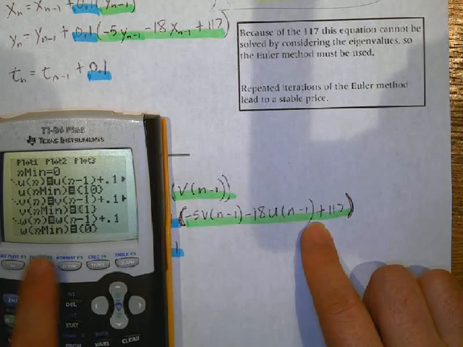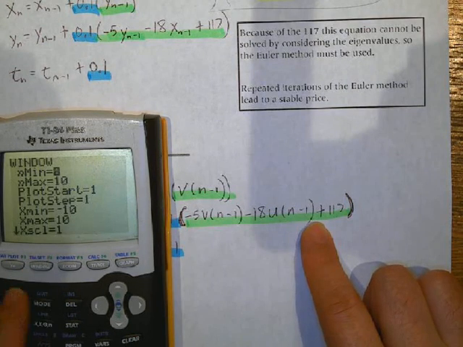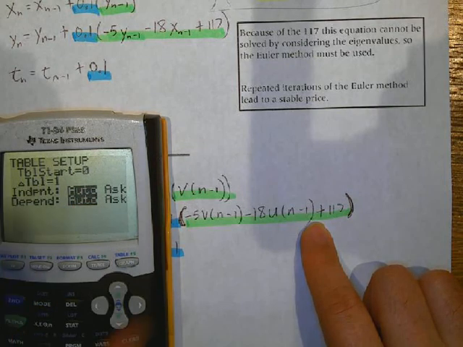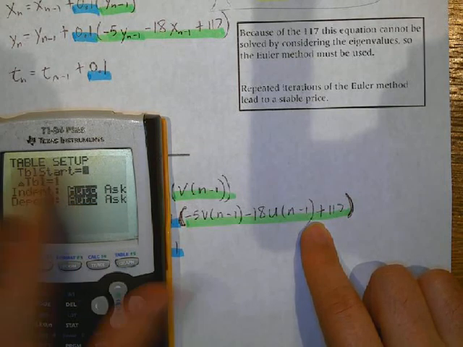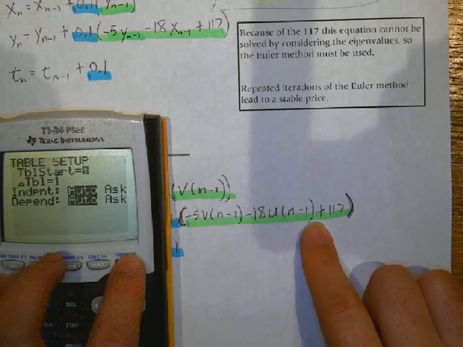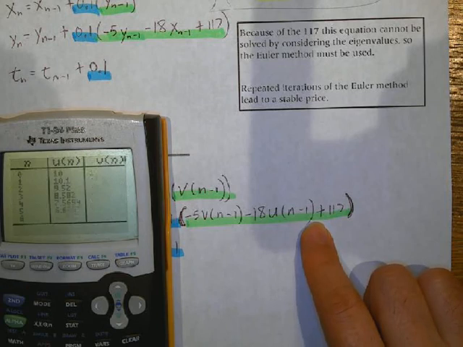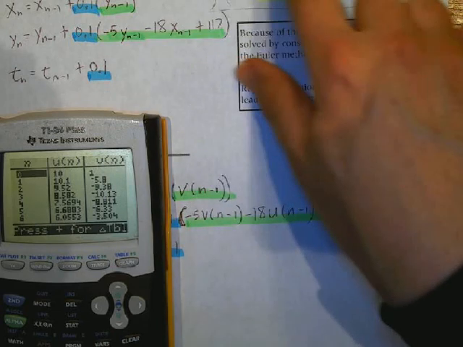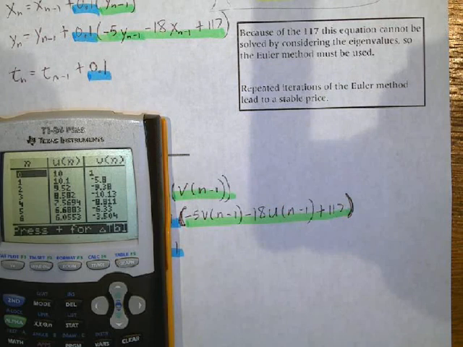Starting at 0. The second window gives me this, and we want to start at 0 or 1 or whatever. Now, second graph to get our table. We're trying to find the long-term stable price of the product.